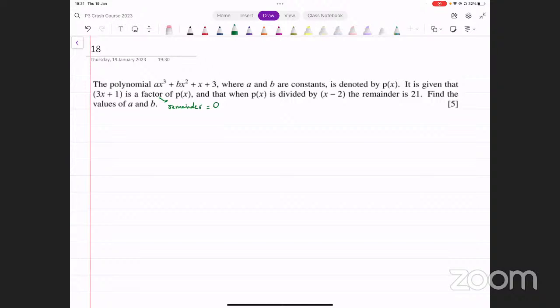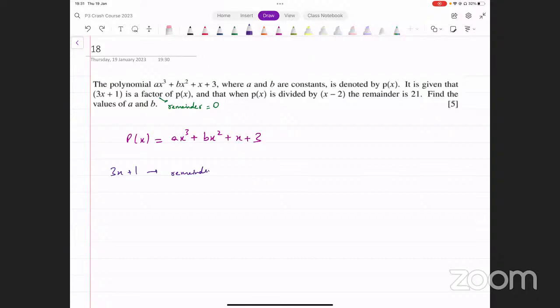So we've got this polynomial, which they are denoting by p of x. P of x equals ax cubed plus bx squared plus x plus 3. This is the polynomial. We're given that 3x plus 1 is a factor. What that means is, when we divide by 3x plus 1, the remainder turns out to be equal to 0.